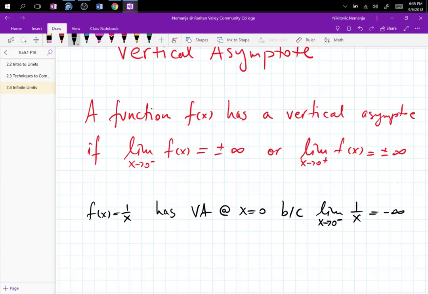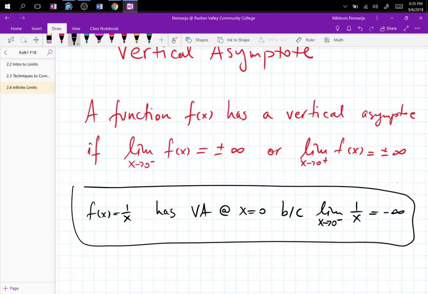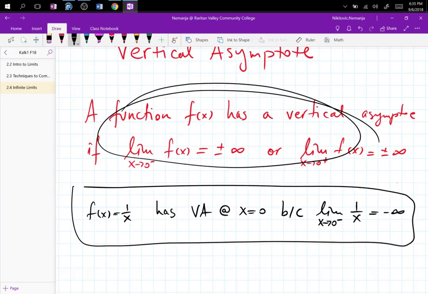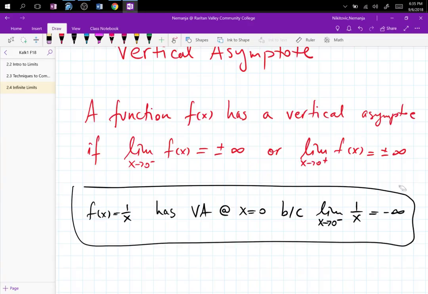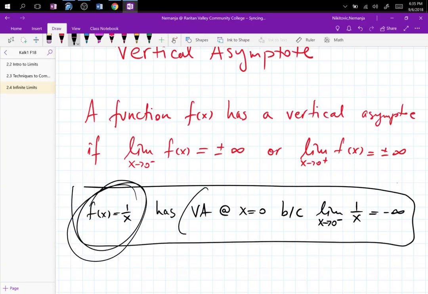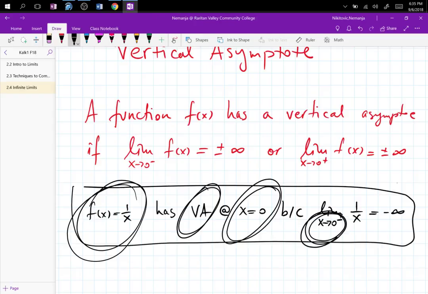This is the entire problem. Over here, this is a problem solved using this definition. So the function has the vertical asymptote at this point because the limit at that point was infinite. It's very simple. You just sit and learn the red definition.